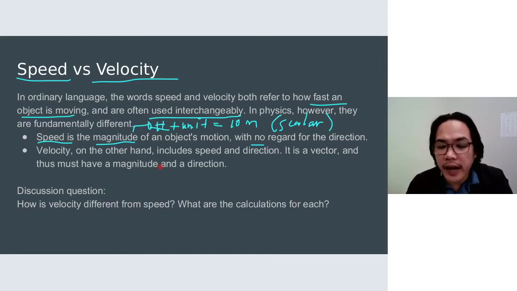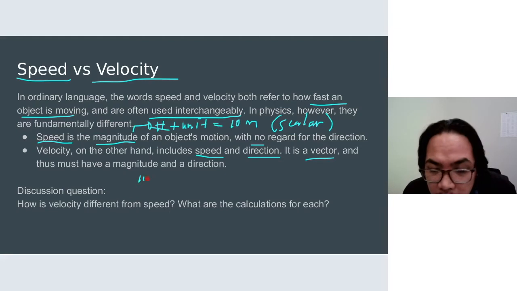Velocity, on the other hand, still includes speed. But aside from speed, it also includes direction. Therefore, it's a vector quantity and it must have a magnitude and direction. So when you write it, you have 10 meters per second. Your 10 is your number, your meter per second is your unit, but you need to add a direction.